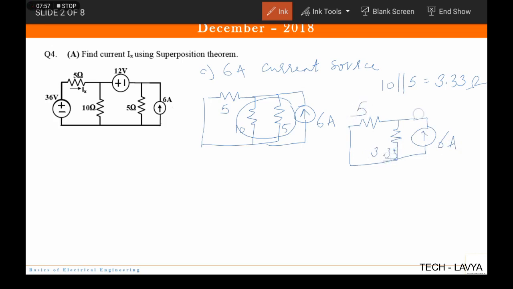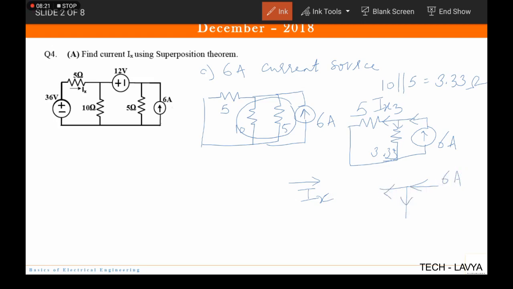Now pay attention that this current is flowing in this direction, so this gets divided into two parts. Now this will be IX3, correct? But please pay attention that IX is in this direction, right? So now this current of 6 amperes is getting divided into two parts.